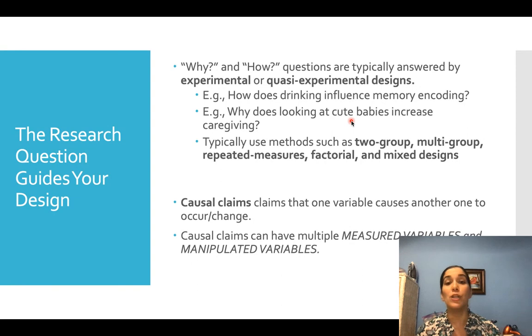Okay. And so usually you have a manipulated variable, and you're seeing if that manipulation results in a change in a measured variable. So you have a manipulated variable, your independent variable, and you're seeing how that impacts your measured variable, what we call the dependent variable.